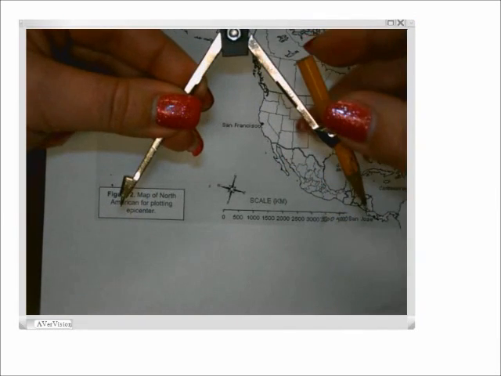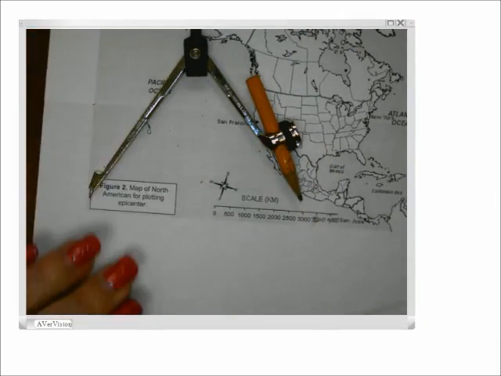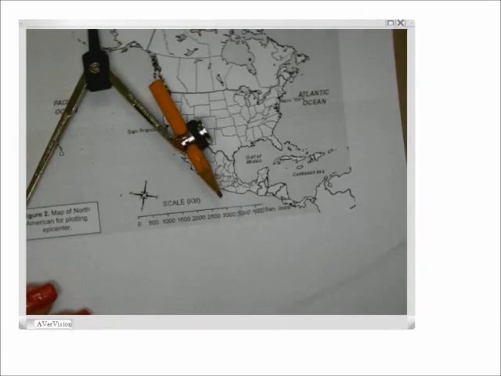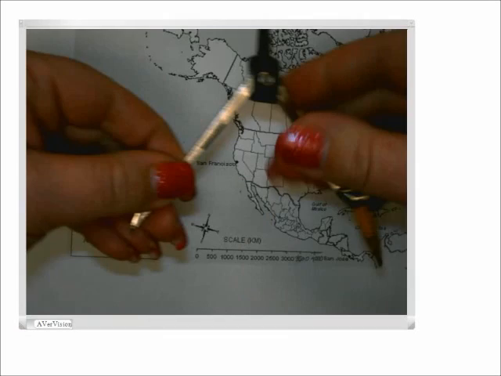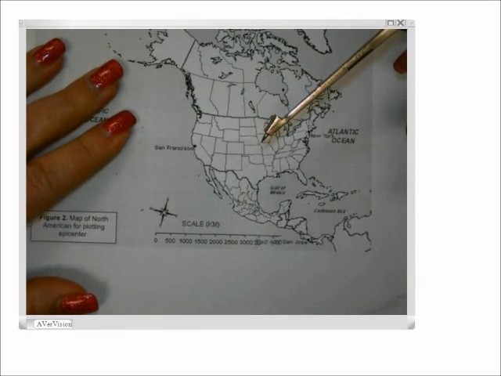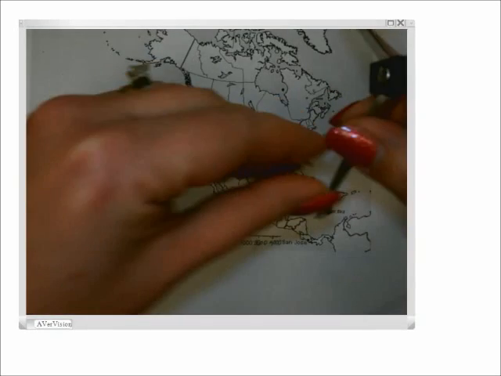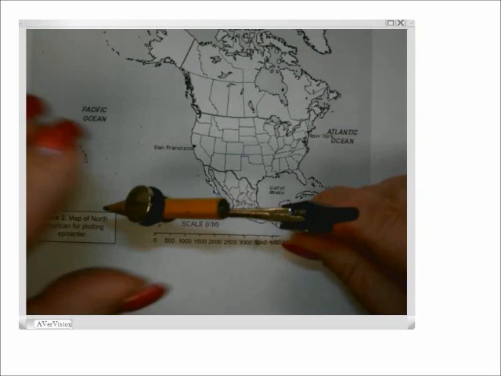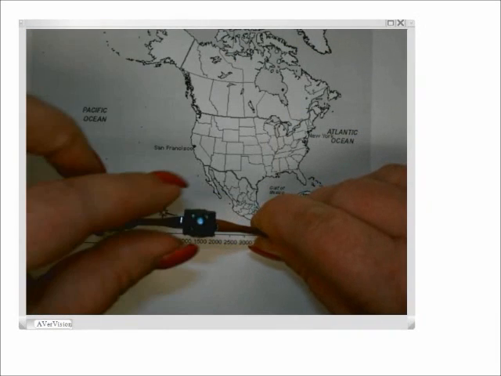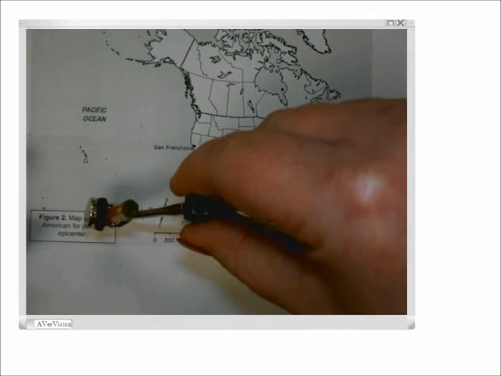Then I take a piece of cardboard, put it underneath. I'm sliding cardboard underneath the map. This is important so that you are able to hold the compass point in place. Then, since this is a reading from San Jose, you put the tip of the compass point on San Jose, hold it there firmly, again being very careful not to move the width of that compass.